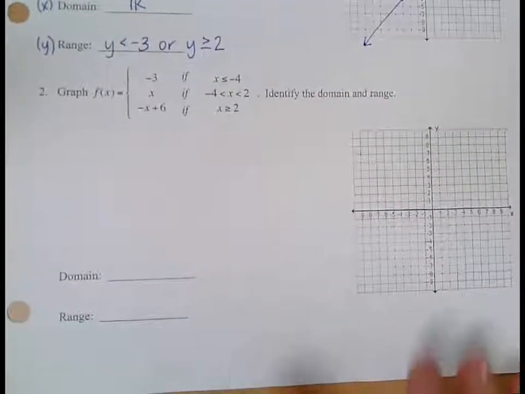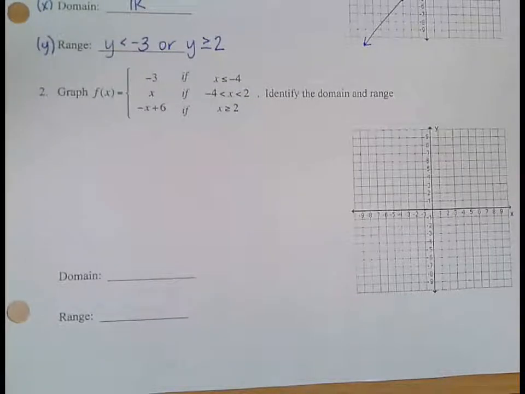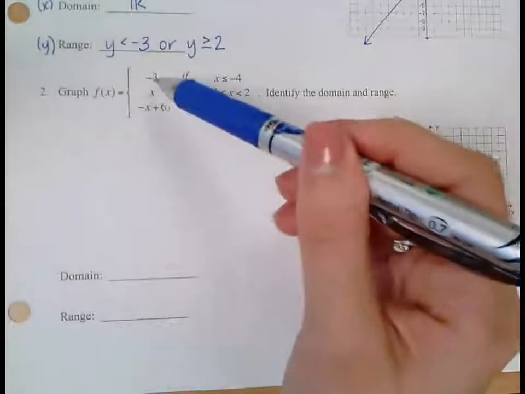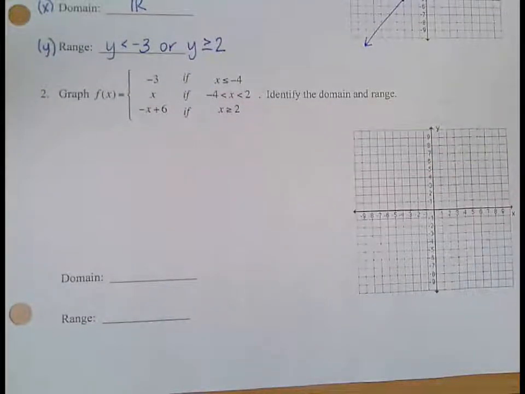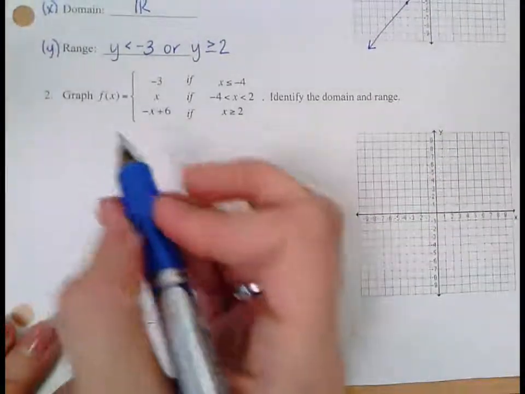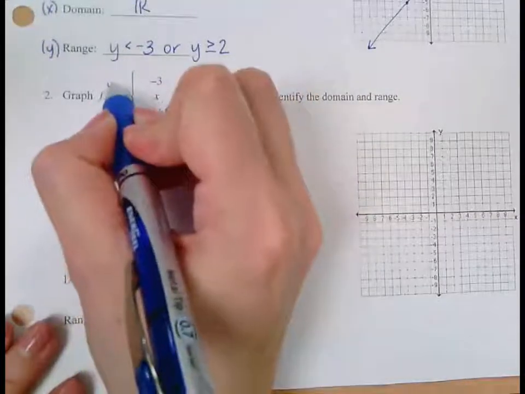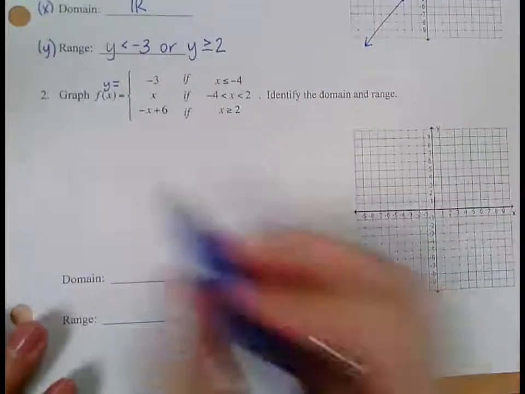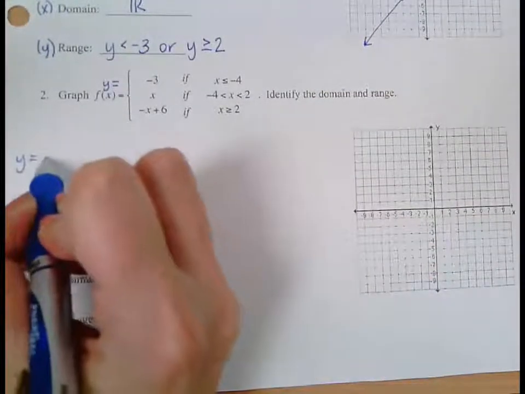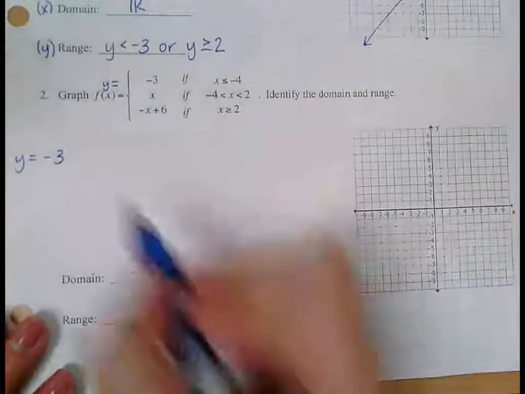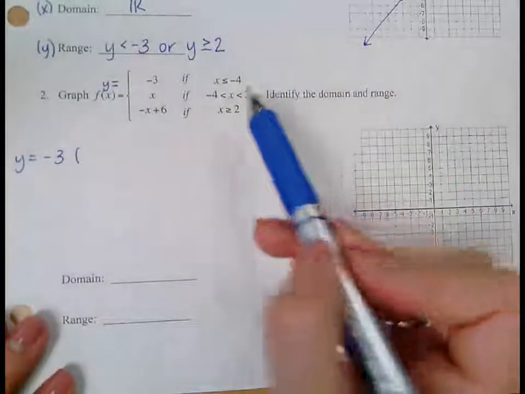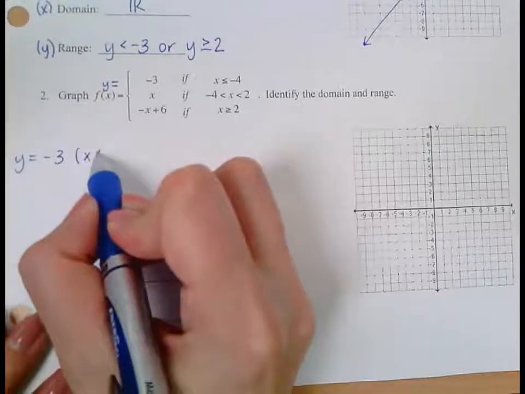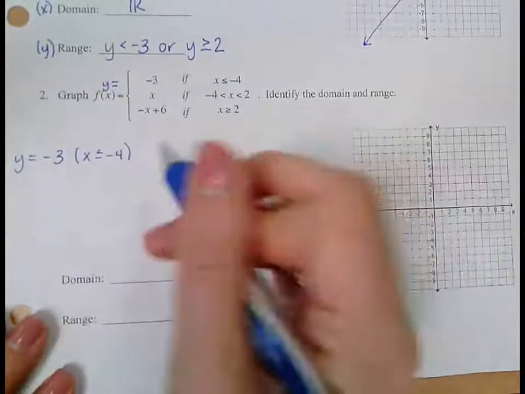So I want to go through another graphing example. This one has 3 pieces. So our graph is going to have 3 pieces. We're going to be making 3 separate tables. If I set this one up, my first piece, again, the f of x equals is just like y equals. So I have one piece is y equals -3. This is for x values less than or equal to -4.